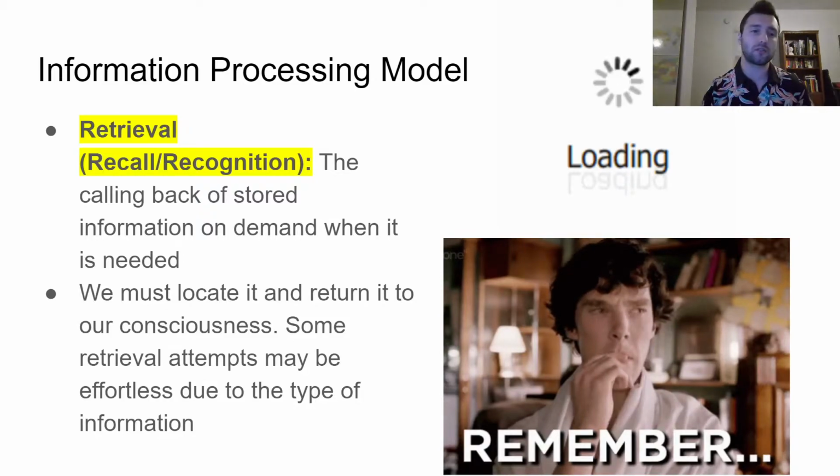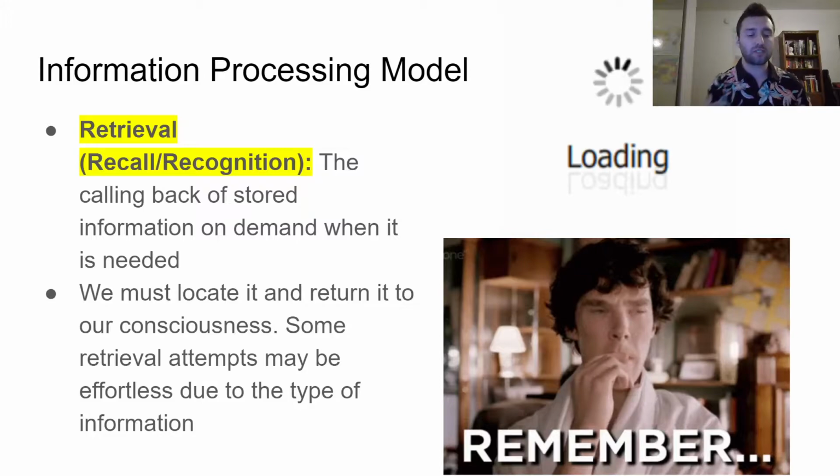So retrieval is our ability to go back, find an old piece of information, and pull it into our consciousness, right? Finding a piece of stored information and pulling it up when we need it. It's remembering. Retrieval is remembering something.